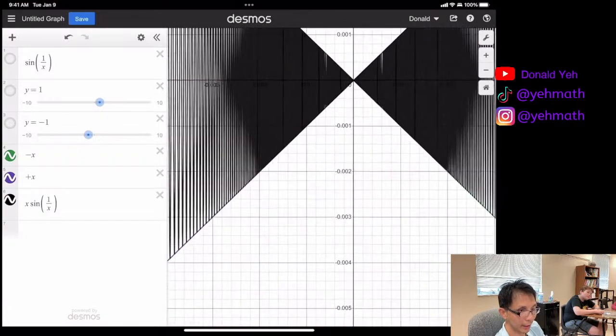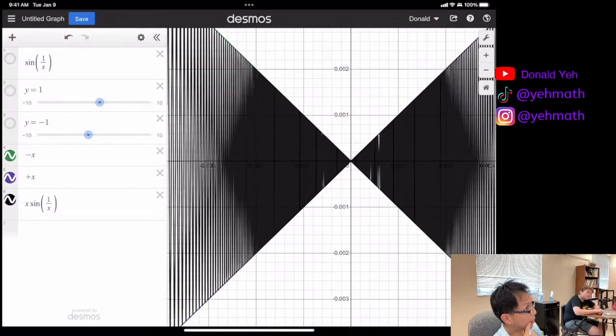It's oscillating into what? 0. Is this pretty cool? I thought it was pretty cool. It's the squeeze theorem. It squeezes the function into 0, based on that inequality that we did.